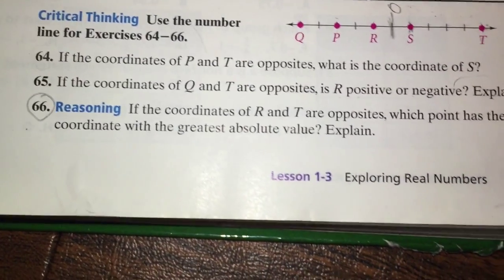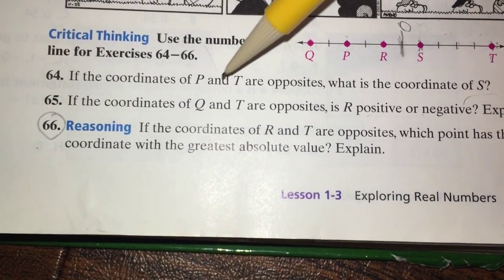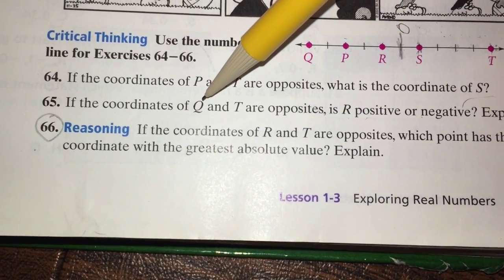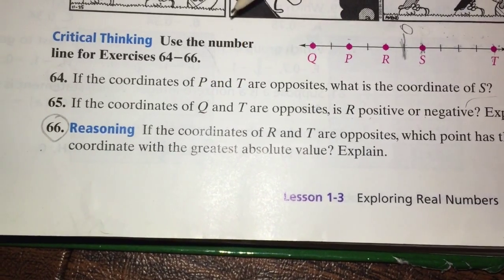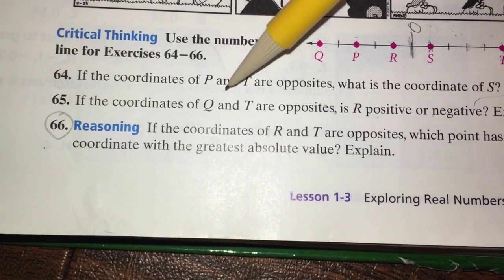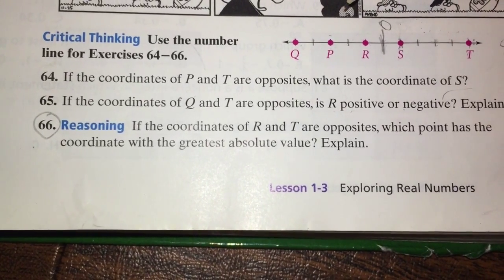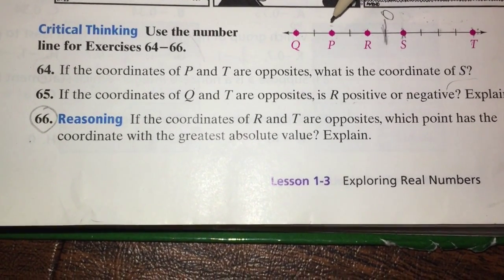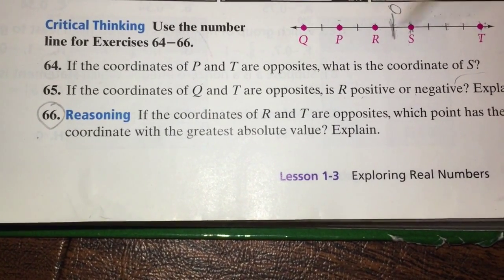So there's an easy way to find 0 here. When the question gives 2 points and states that these 2 points are opposites, then the easiest way to find 0, in my opinion, is to measure the distance between these 2 points.